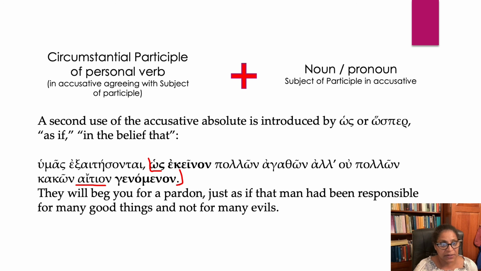All right? So here you've got your demonstrative pronoun, and then you have your verb gignomai in the aorist. So on its own, it said that man had been responsible for many good things and not many bad things. As I said, this is going to be less common than the genitive absolute.